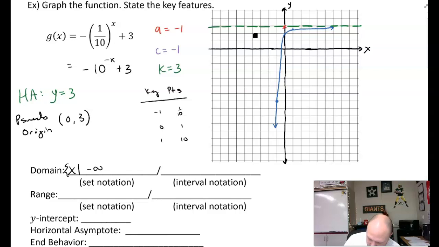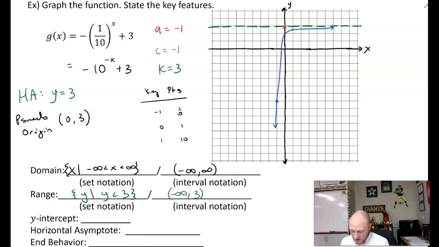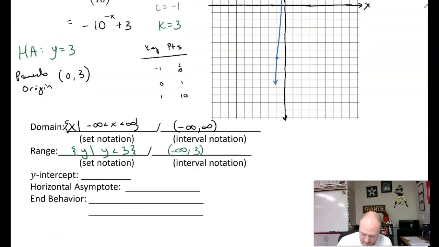Okay. Domain, negative infinity to infinity. That's easy. The same thing every single time. Range, these are all of our y values such that y is less than 3 in this example. So that would be negative infinity to 3. The y-intercept, that was one of our key points. So we're at 0, 2.